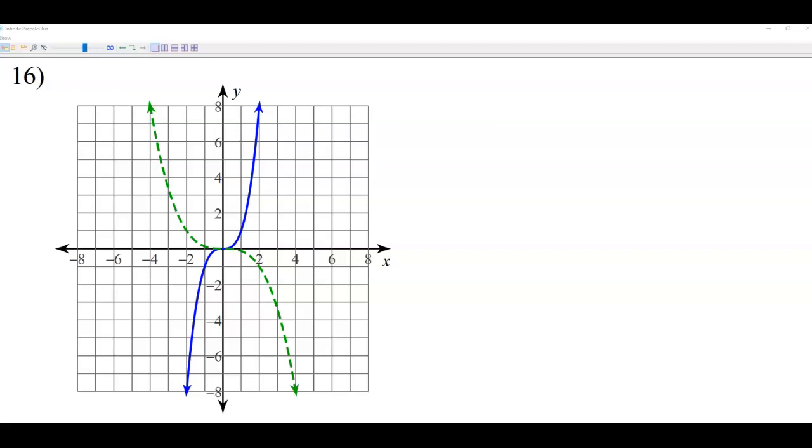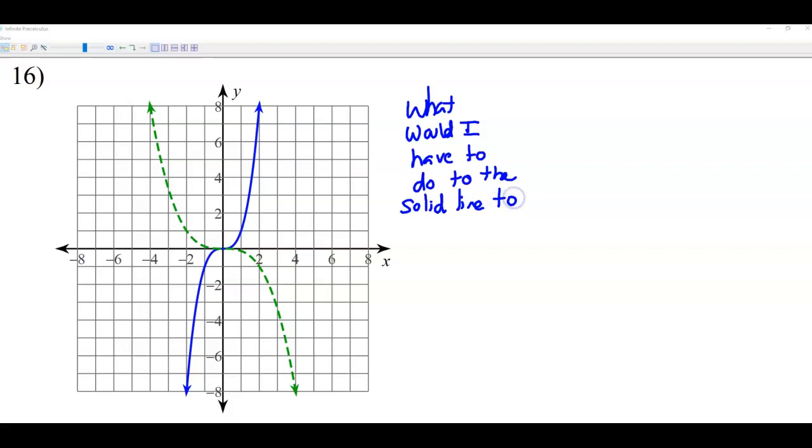So for these questions, basically, we have to answer the following question. What would I have to do to the blue line, or I guess we'll say the solid line, to get the dotted line?